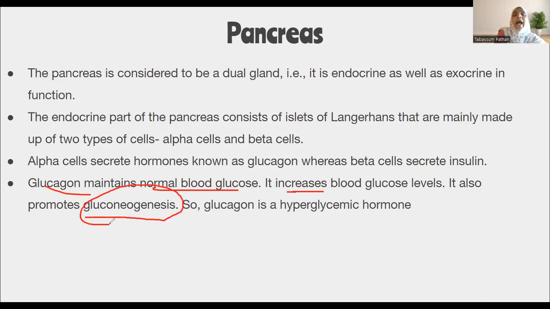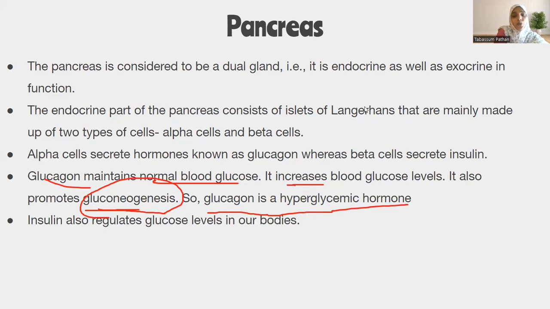When there is not enough food or energy in the body, the body will resort to the stored reserve sugar, that is glycogen in the liver, and breakdown will happen in the process known as gluconeogenesis, that is, formation of new glucose molecules from the breakdown of lipids, fats, and finally proteins. So glucagon will be released. Glucagon is basically a hyperglycemic hormone. It will increase your blood sugar level if the blood sugar level is too low.